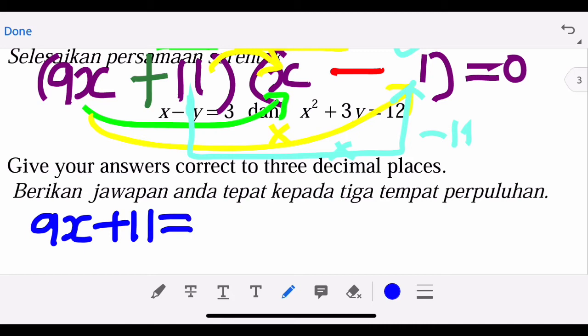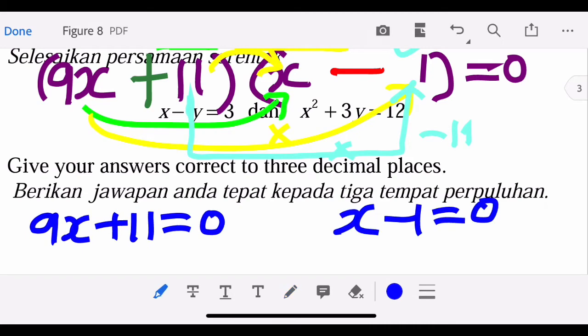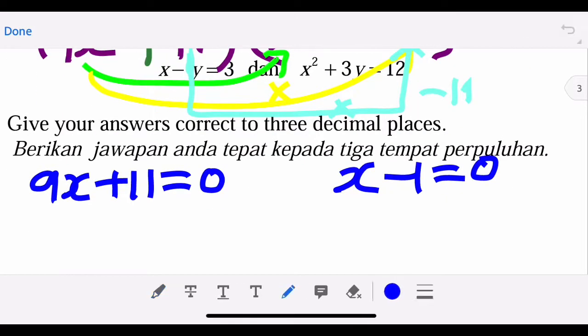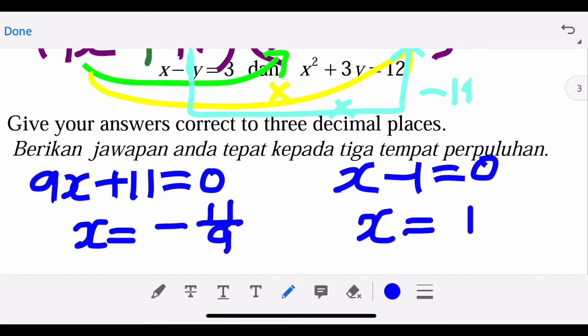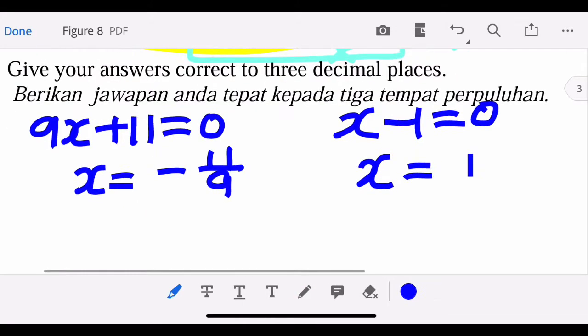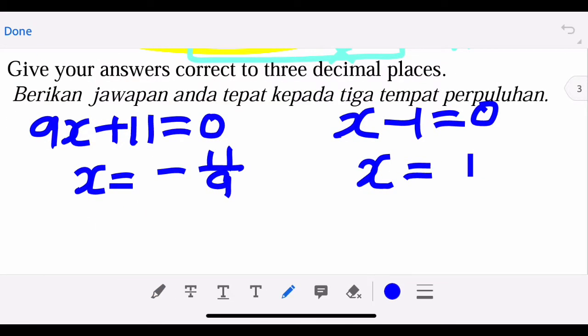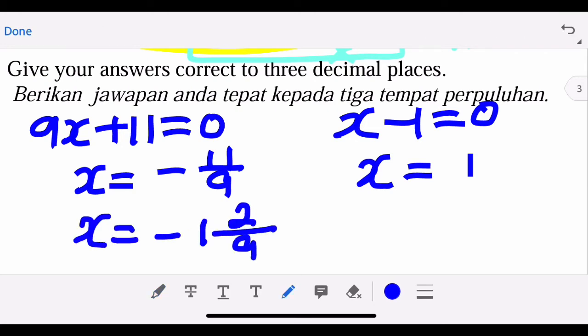So x is equal to negative 11 over 9. Alright, x is equal to 1. For negative 11 over 9, you can write in mixed fraction, negative 1 2 over 9, right?